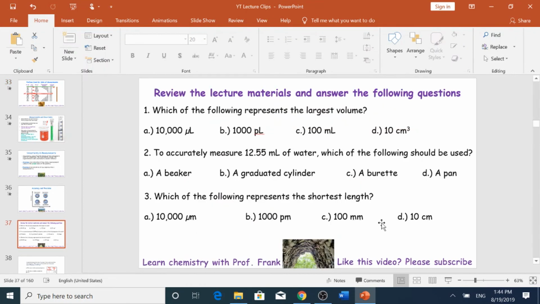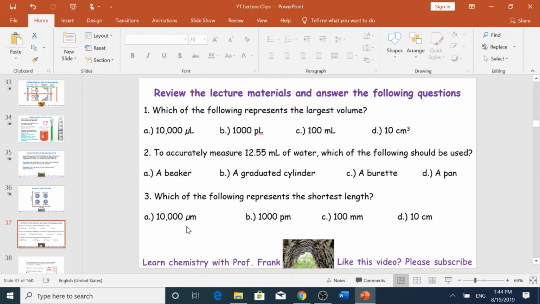Then 1,000 picometers is definitely smaller than 10 centimeters and smaller than 10 millimeters. You can actually carry out those calculations to compare.